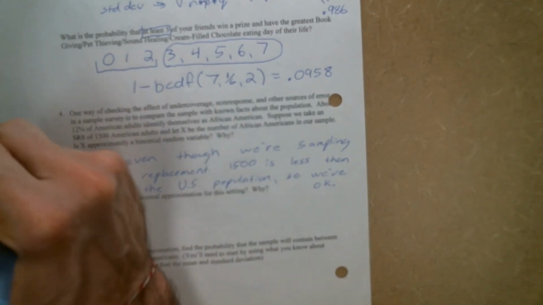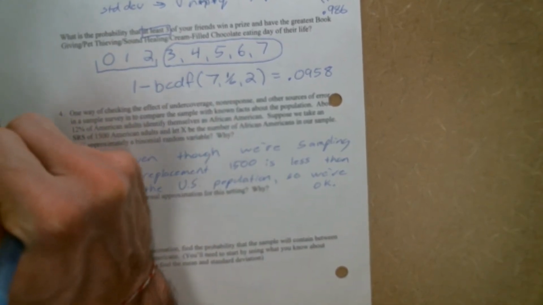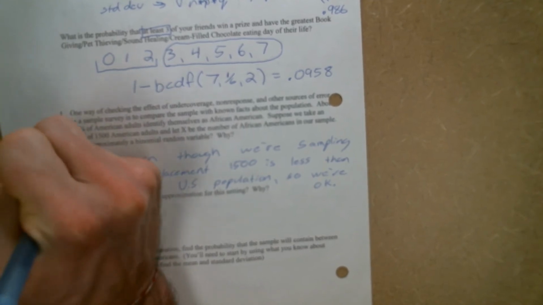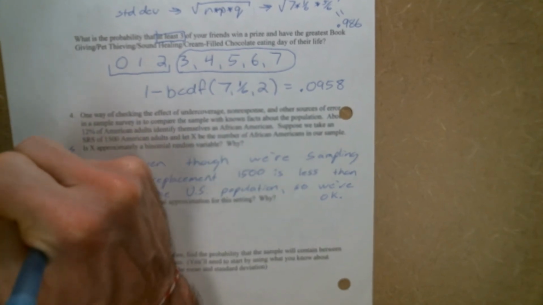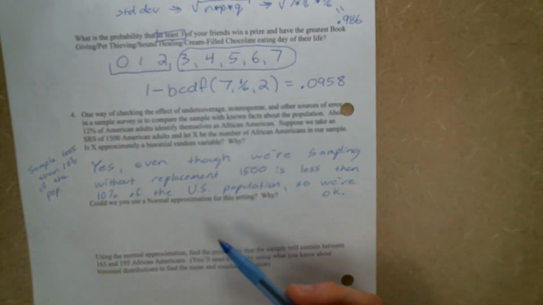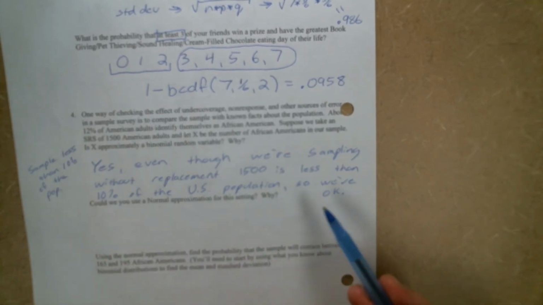All right, so we have these two different rules. One is, is your sample less than 10% of the population? That rule deals with independence and sampling without replacement. The second rule we have is, can you use a normal approximation? These are two separate rules that have two different applications.